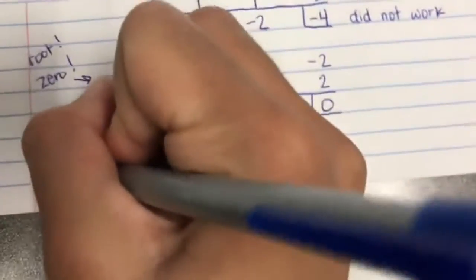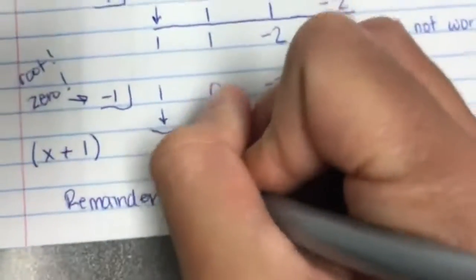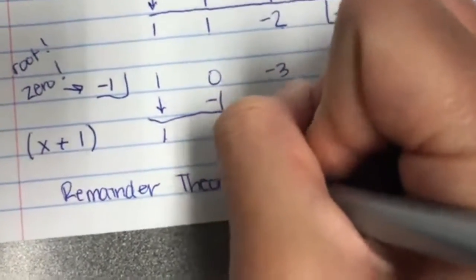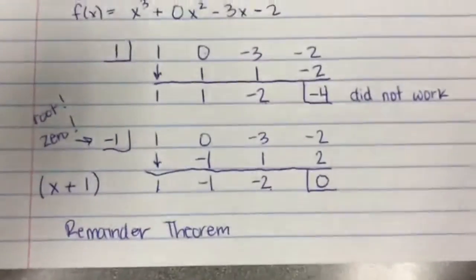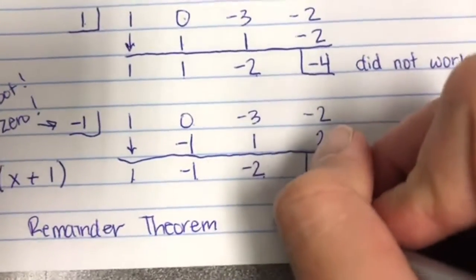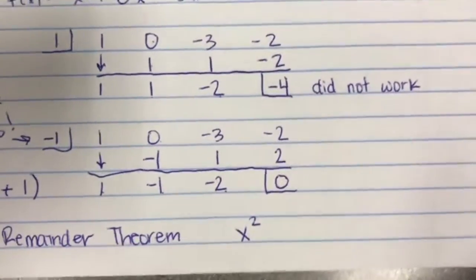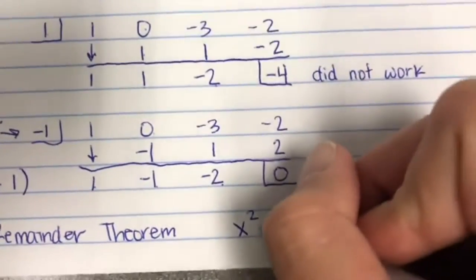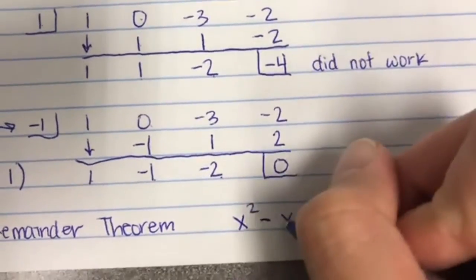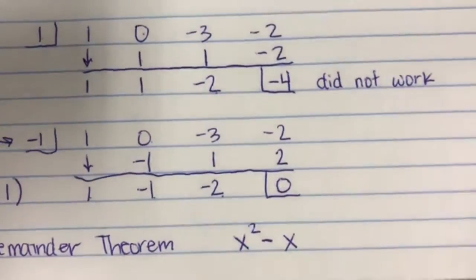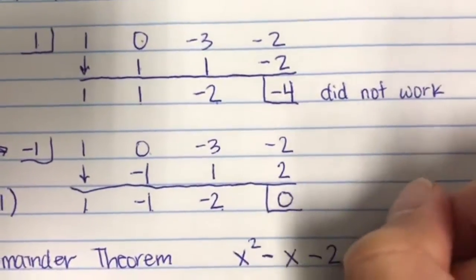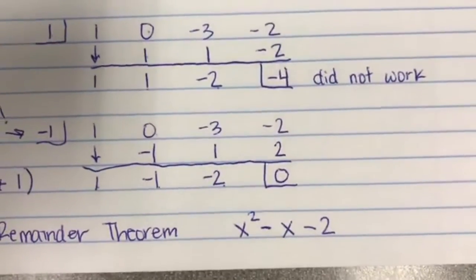So again, our remainder theorem tells us that if we took out a factor, our leftover is going to look like this. 1x squared, notice I dropped the 1, it's unnecessary, negative 1x minus 2. That's our leftover.